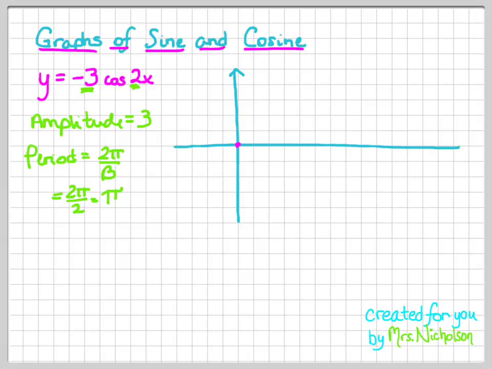The x-axis is going to be the middle of my graph. My amplitude is 3, and so I know from the midline I need to go up 3 and also down 3. And then the period of the function is pi.